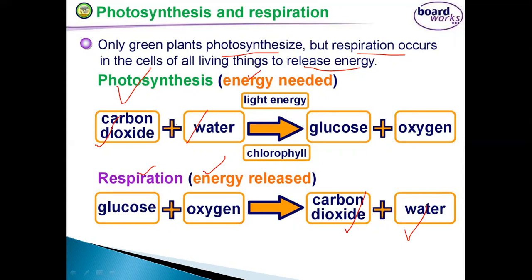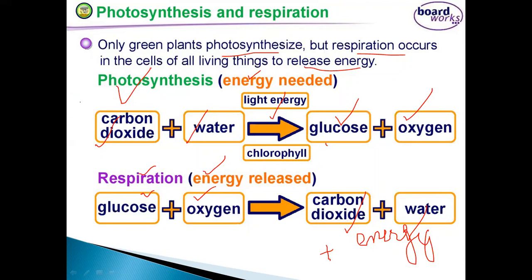Here we use light energy, but here what happened? Energy is released. So here we can write energy. Yes, that is plus energy, means carbon dioxide, water and energy are formed. In photosynthesis glucose and oxygen are formed, and opposite to that, in respiration glucose and oxygen are used.